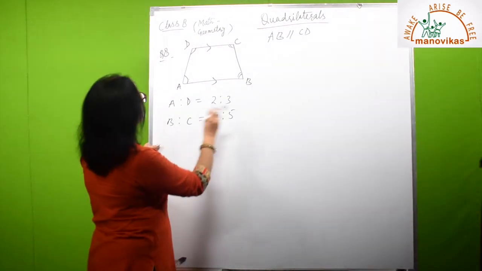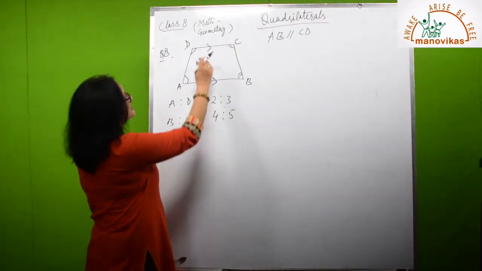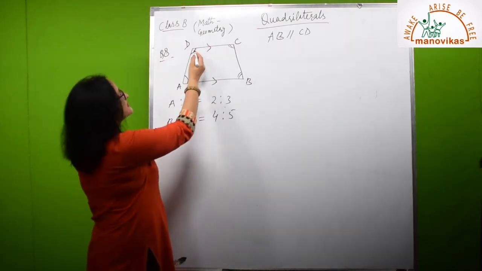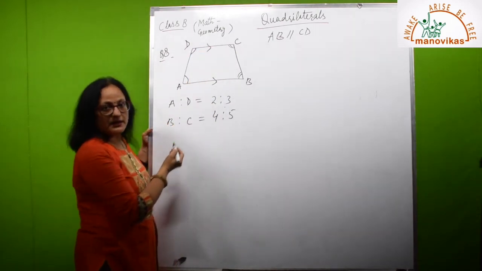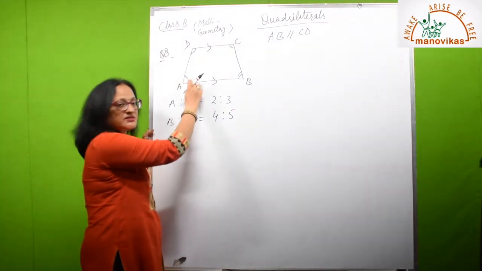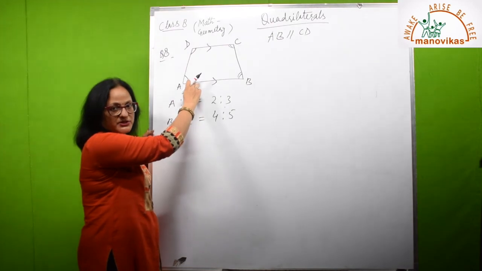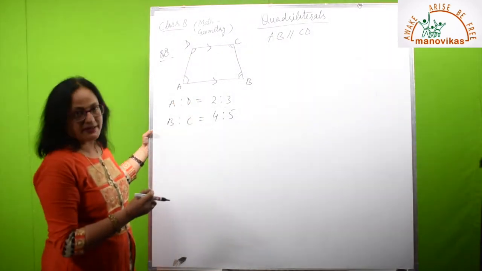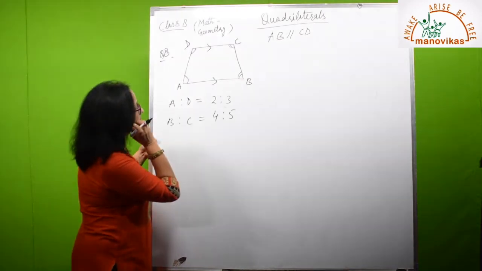So how will we solve this question? Because the lines are given parallel, what is the result regarding the adjacent angles? If the lines are parallel, then adjacent angles are supplementary, meaning their sum is equal to 180 degrees. Now why are we using this here?